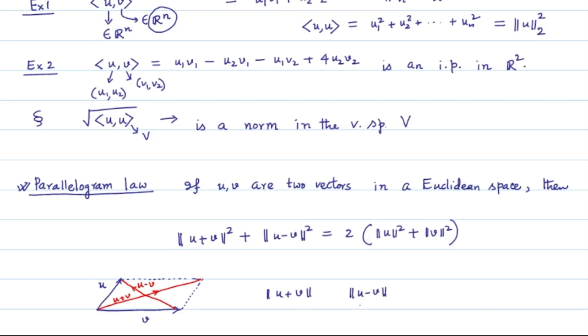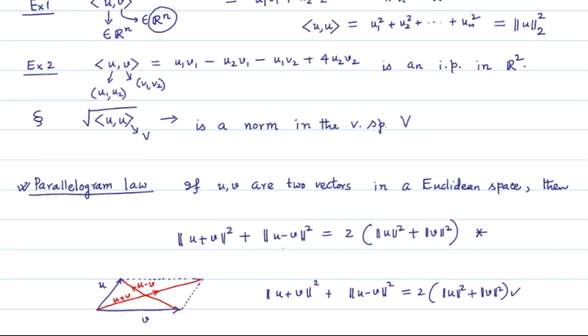Now, from the well-known fact that for a parallelogram, the sum of the squared lengths of the diagonals is equal to twice the sum of the squared lengths of two adjacent sides, which is precisely this equation, this equation is referred to as the parallelogram law.